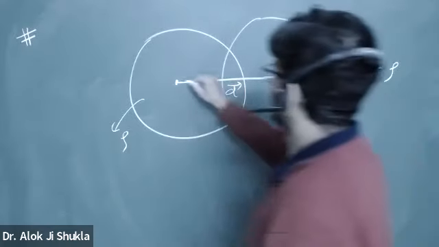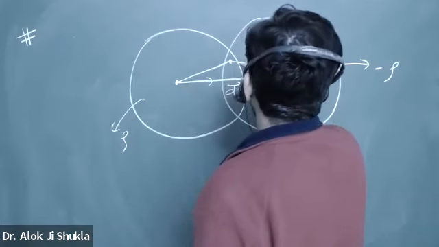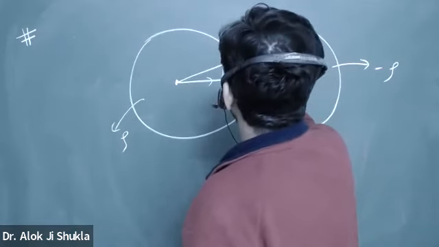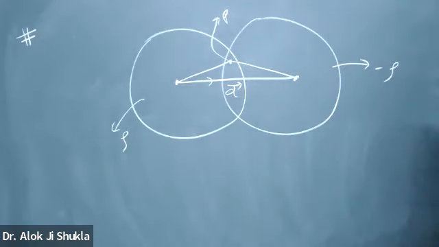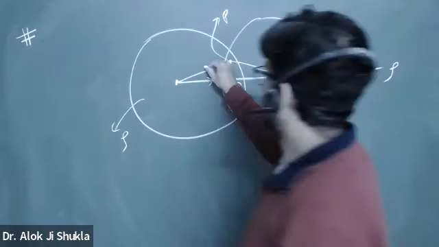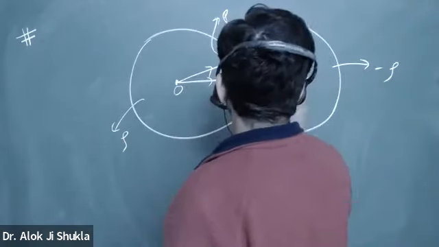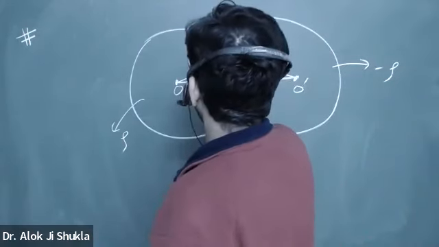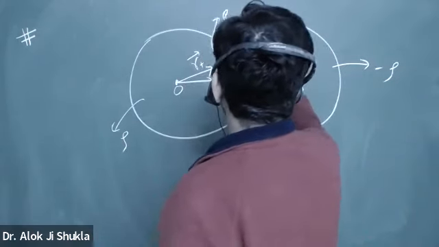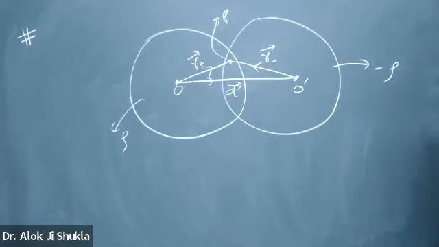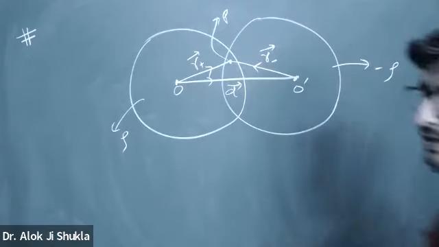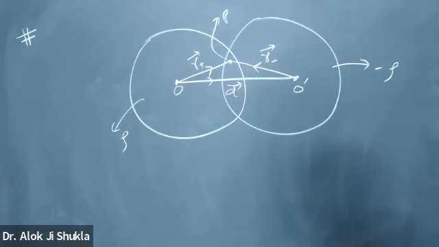Now they are saying that prove that if I calculate electric field at any point in this region of overlap, इसके किसी भी पॉइंट पे अगर मैं इलेक्ट्रिक फील्ड कैलकुलेट करूं, तो सपोज दिस इज O dash, and this is suppose, let us take it R plus, let us take it R minus, or we can take R1, R2 also, no problem. So they are saying if you calculate the electric field here, it will be constant. Constant means it will not depend on the changing distance.